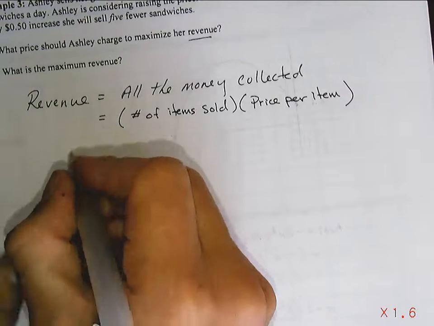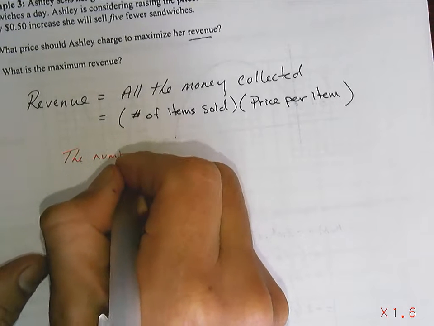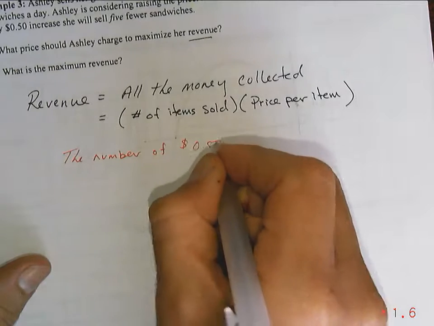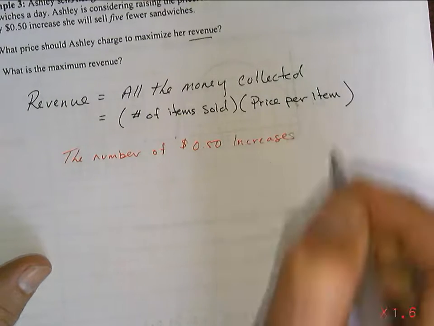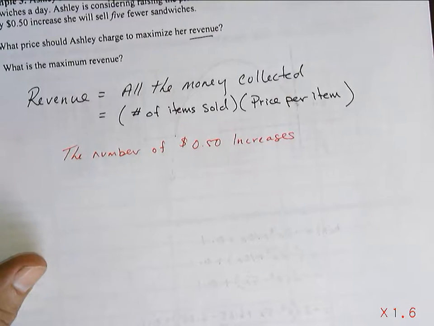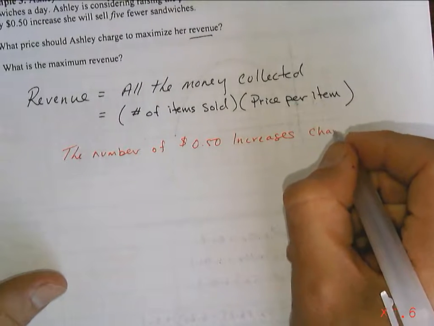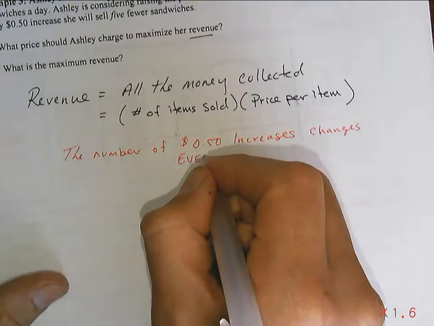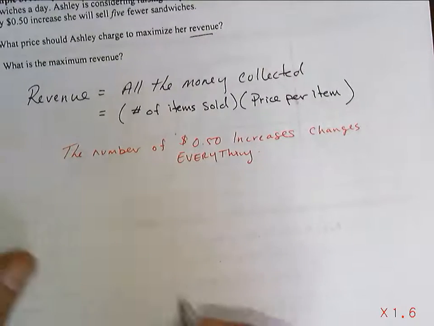It's all going to depend on the number of 50-cent increases. That's what is important. That is going to change everything. So that's what we're going to let x be.